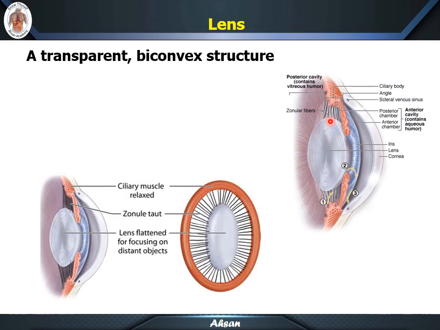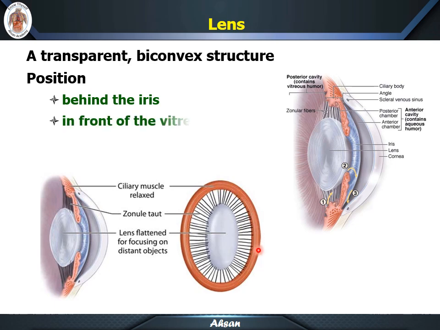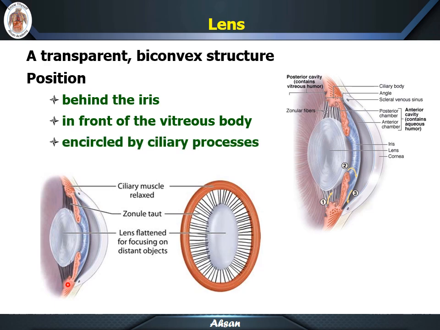You can see this is the lens, and it's a transparent biconvex lens. It is surrounded by the ring of iris in front, and behind this is the vitreous body, and it is surrounded by the ring of ciliary processes.